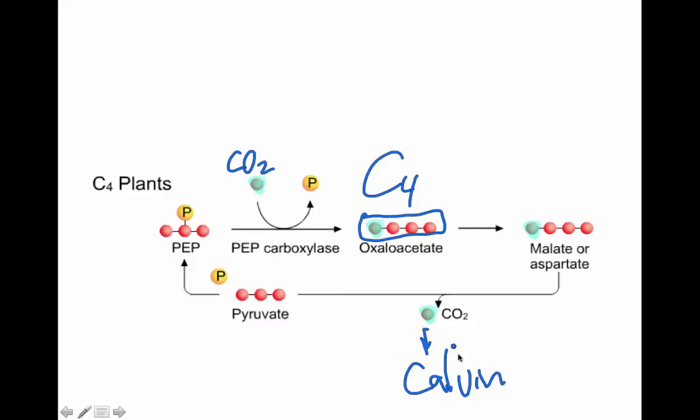How this works is you can get some cells that are storing this CO2 and other cells that are taking up these intermediates that have the stored CO2 and performing the Calvin cycle. The nice thing about this is then the Rubisco in these cells does not overload on oxygen, and therefore the Rubisco is working efficiently.